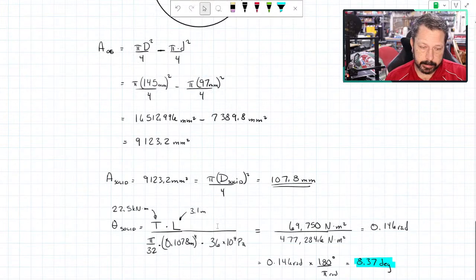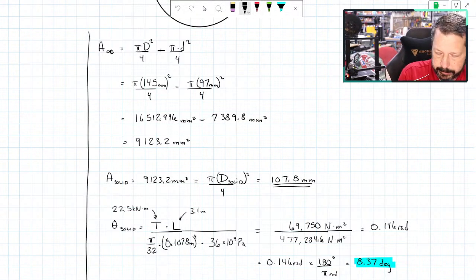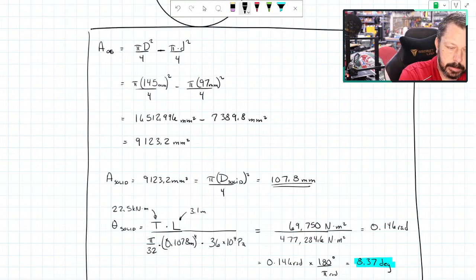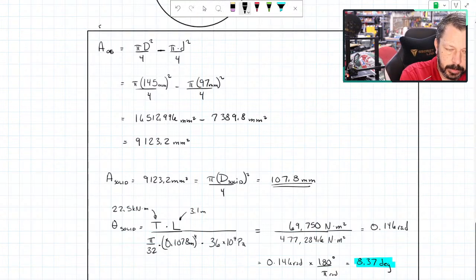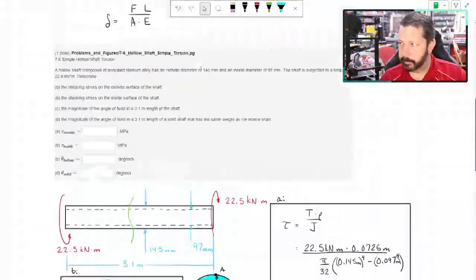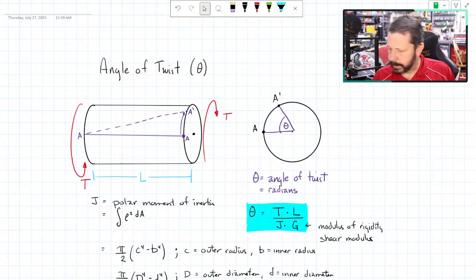So that is one of the reasons why you might consider a hollow shaft versus a solid shaft of the same weight. So that's part D. All right, let's see. Let's look at web work real quick and see if there's any reason to do any of these other problems.